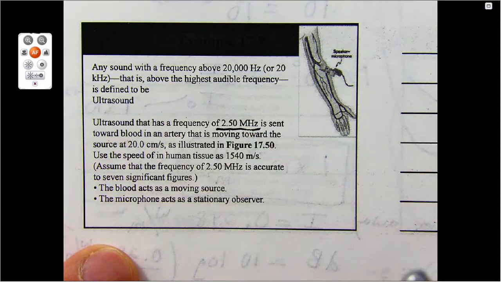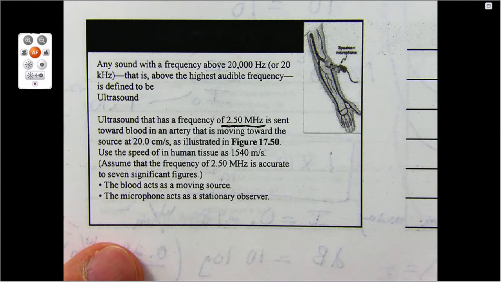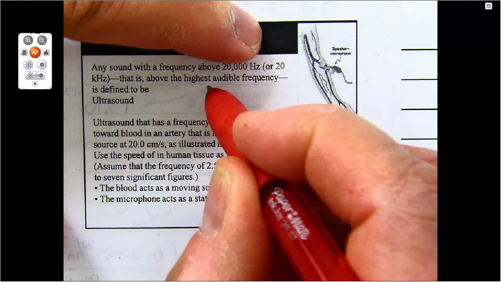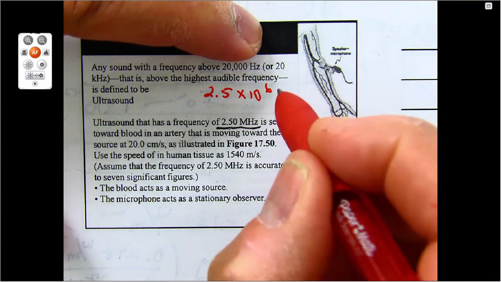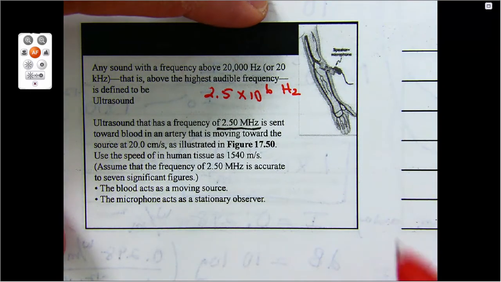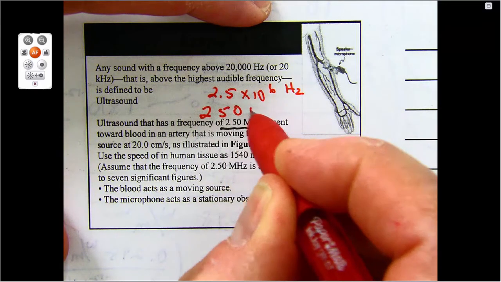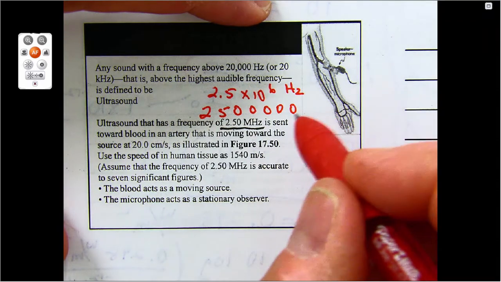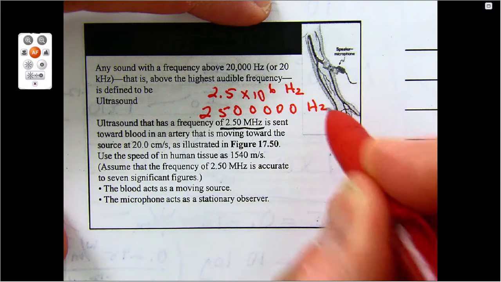That is how many hertz? There's a couple ways to do this. Mega is 10 to the 6th. This is 2.5 times 10 to the 6th hertz. That's what I'd put in my calculator. Or you need 2, 5, and you just keep adding zeros. Yep, that's 2.5 million.